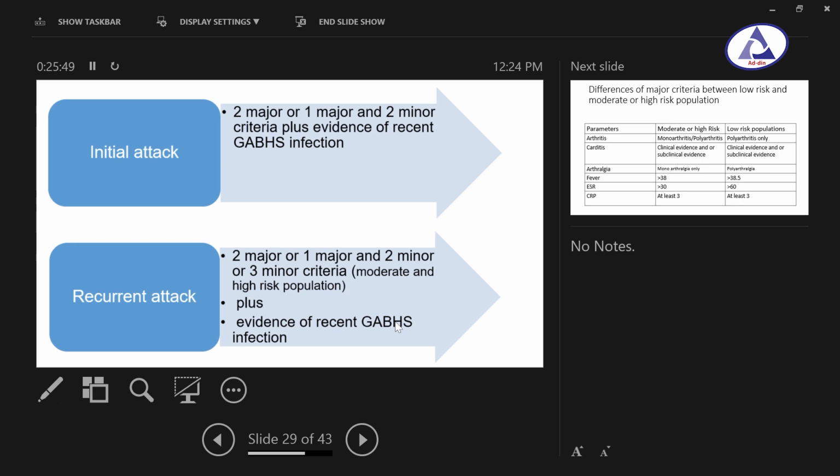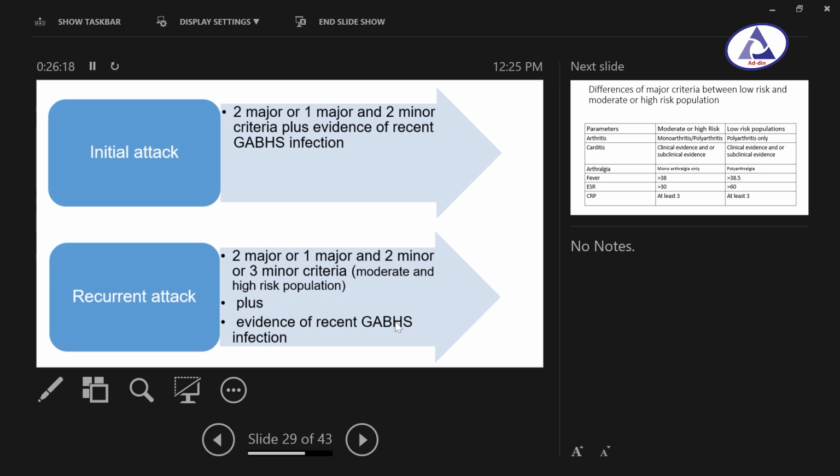What is the initial attack? Two major criteria, or one major and two minor criteria, plus evidence of group A beta hemolytic streptococcal infection.